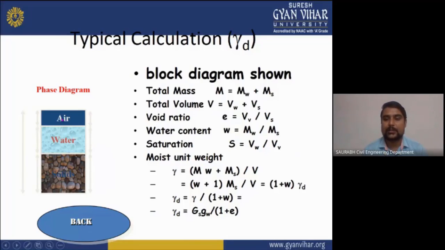Total volume will become VW plus Vs, and void ratio e will be Vv upon Vs, which is volume of voids upon volume of solids, and water content will be MW upon MS, and degree of saturation will be represented by VW upon VV. And this is the moist soil unit weight, which is represented by gamma, equal to MW plus MS divided by total volume, and it will become (W plus 1) MS upon V, which will be equal to (1 plus W) gamma d.